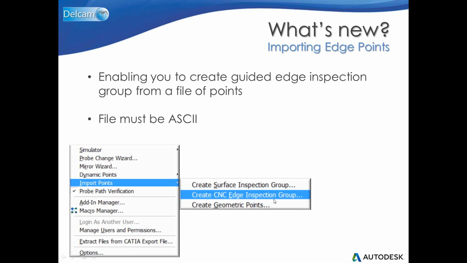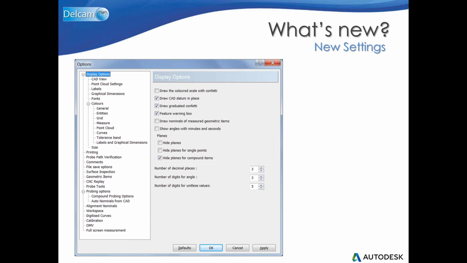Now, just a short overview of the new settings in the Tools option dialog. Because we introduced new features, we dedicated more options to manage them. Just a quick overview. We can hide planes for compound items, so we can just hide the planes in the sequence tree or show them.